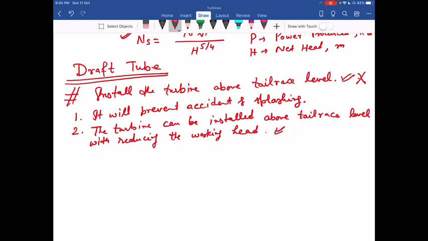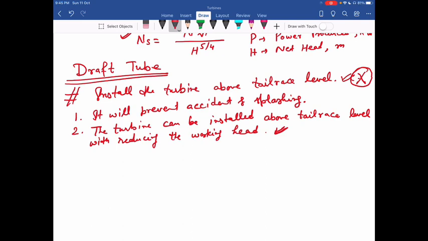Now this one is the important function of the draft tube. This is how we can remove this deficiency of installing a turbine above tail race level. So this is the important function of the draft tube that we discuss in detail next.